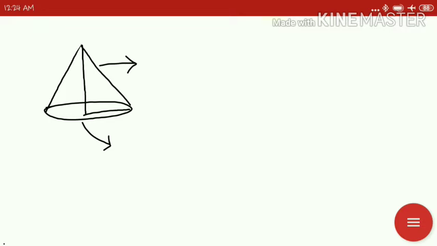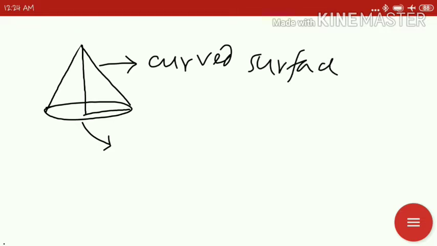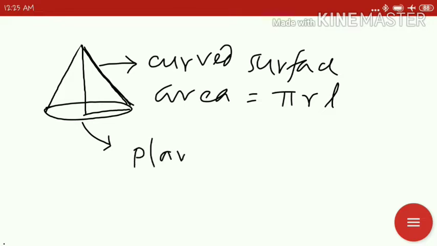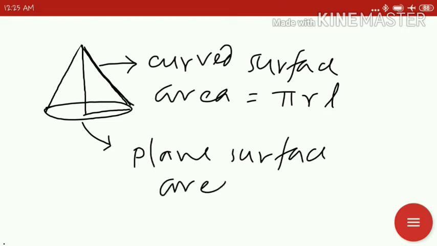Now we will learn about the formulas. The curved surface area of the cone is pi r L, where L is the slant height. The hypotenuse of the right angle triangle is the slant height, denoted by L. The plane surface area, as it is in the shape of a circle, is pi r square.